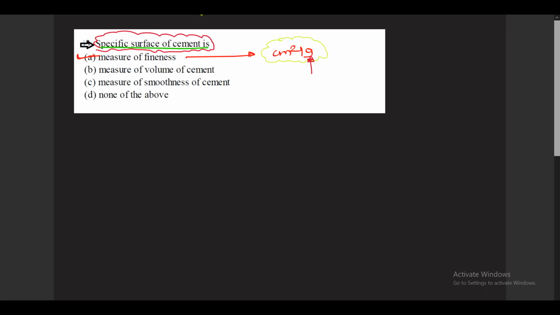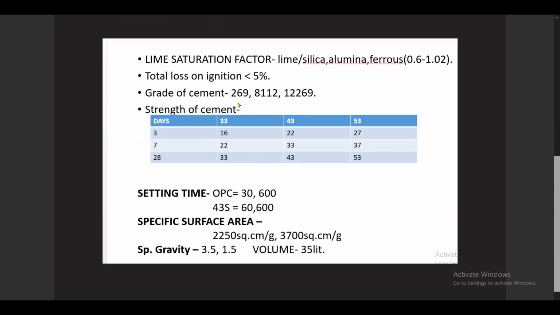It doesn't affect the total heat of hydration; it only increases the rate of hydration of the cement. In any case, this value should not be less than 2250 centimeters square per gram.